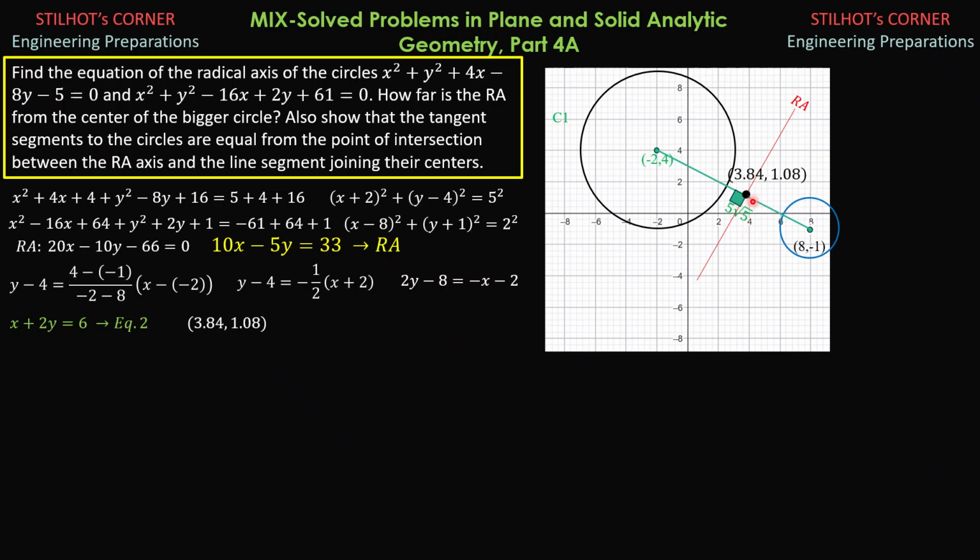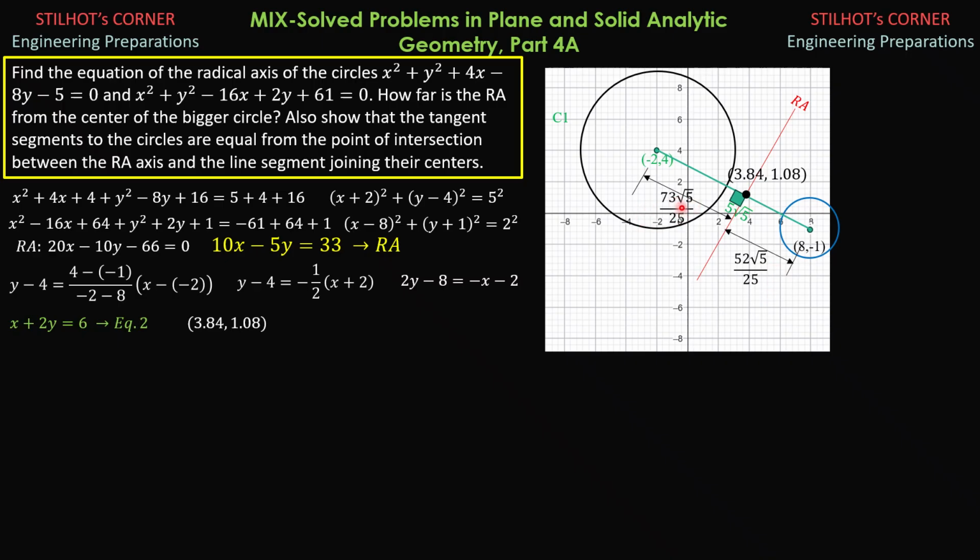Let's show it there, so that we can find the distance between the center of the big circle and this point of intersection. So that distance is simply the square root of, that's 75 square root of 5 over 25. So this distance is equal to 5 square root of 5 minus 73 square root of 5 over 25, and that's 52 square root of 5 over 25.